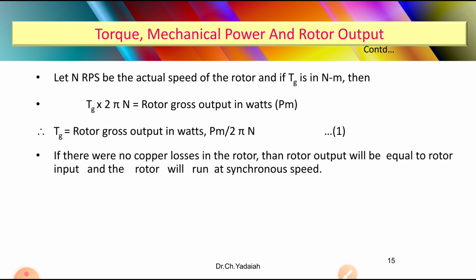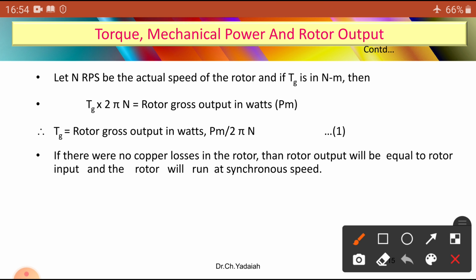If there were no copper losses in the rotor, then the rotor output would be equal to the rotor input, and the rotor would run at synchronous speed. But actually there is always copper loss in the rotor; it is never zero. So I want to write it in terms of rotor copper loss.